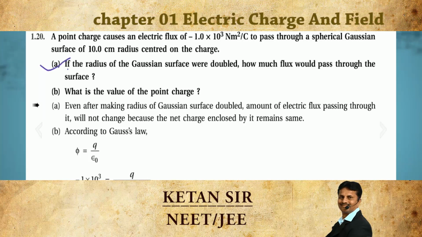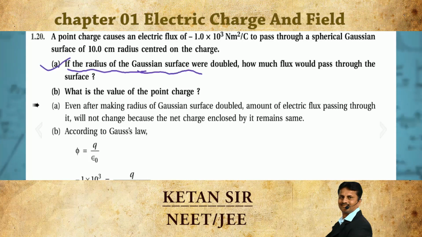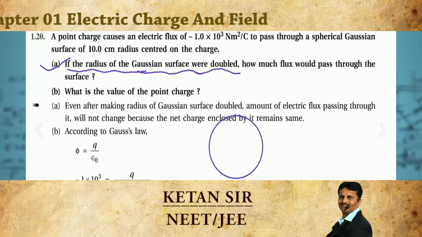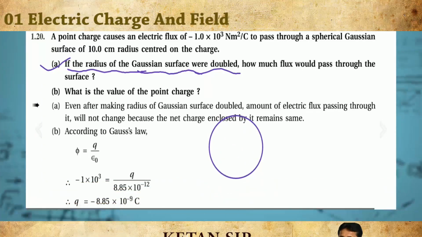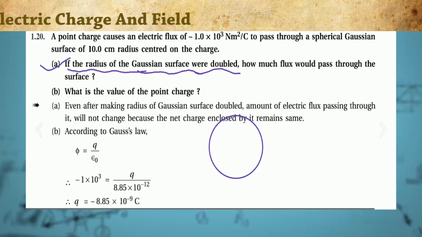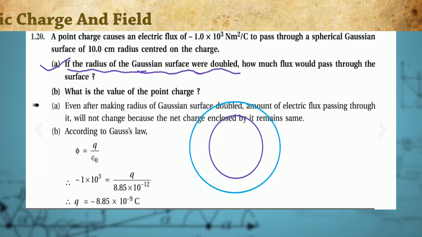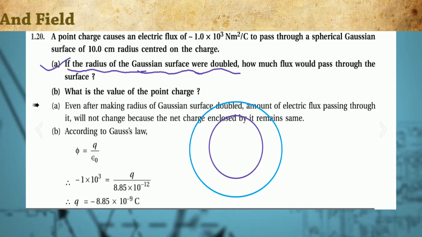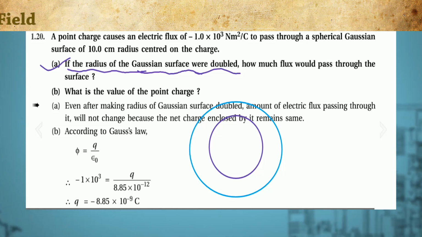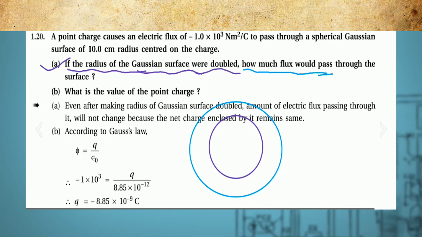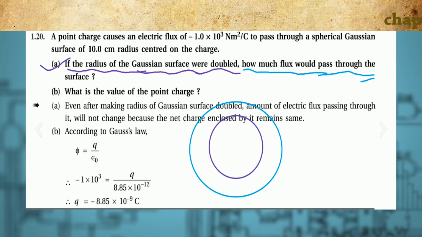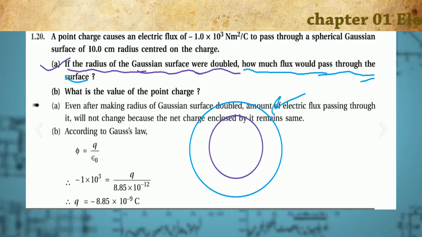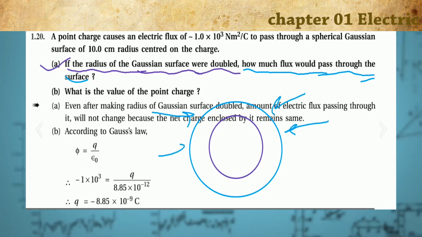In the first part, if the radius of the Gaussian surface were doubled, meaning first your radius is 10 centimeter, now you change the radius of the sphere and it becomes 20 centimeter, meaning you increase the dimension of the Gaussian surface but you are not changing the charge, then how much flux passes through the surface?